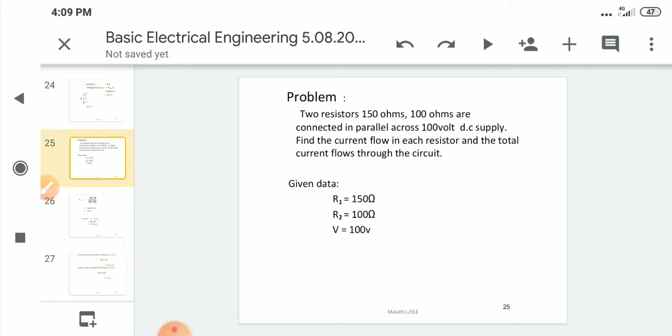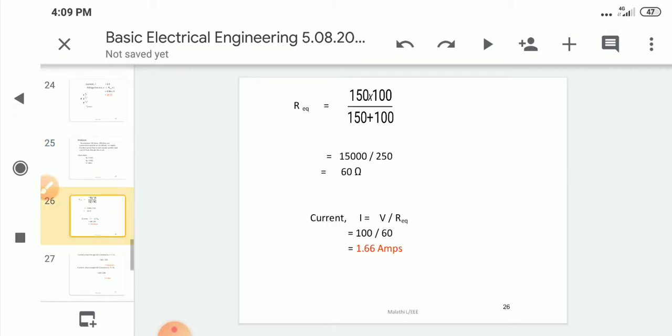This is another problem. Two resistances 150 and 100 ohms are connected in parallel across a 100 volt DC supply. Find the current in each resistor and the total current flowing through the circuit. We find the equivalent resistance. The formula used is R1 into R2 by R1 plus R2.